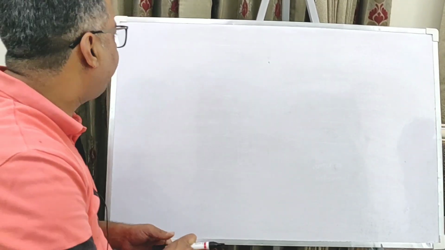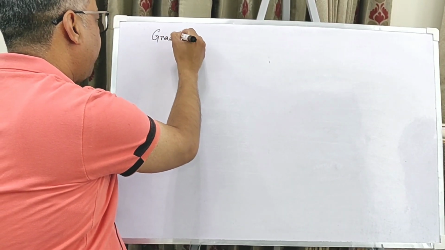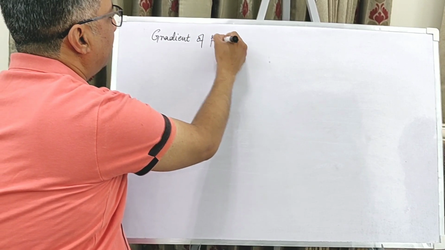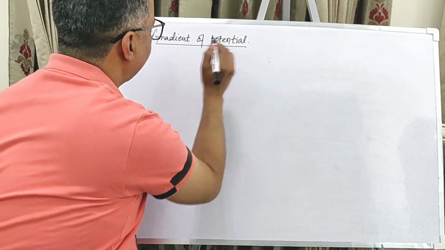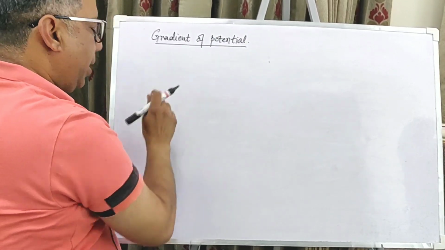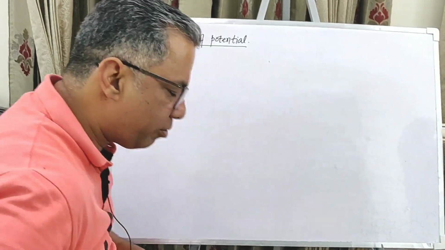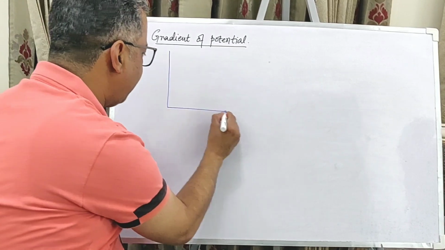So gradient of potential. Now let's say we have our set of coordinate axes defined here.